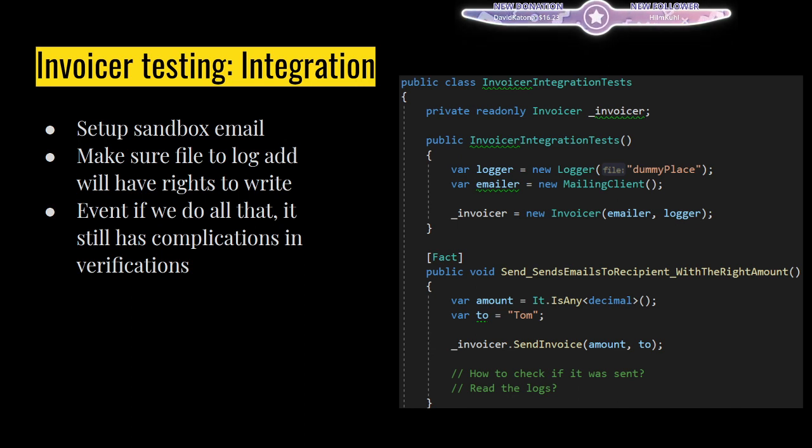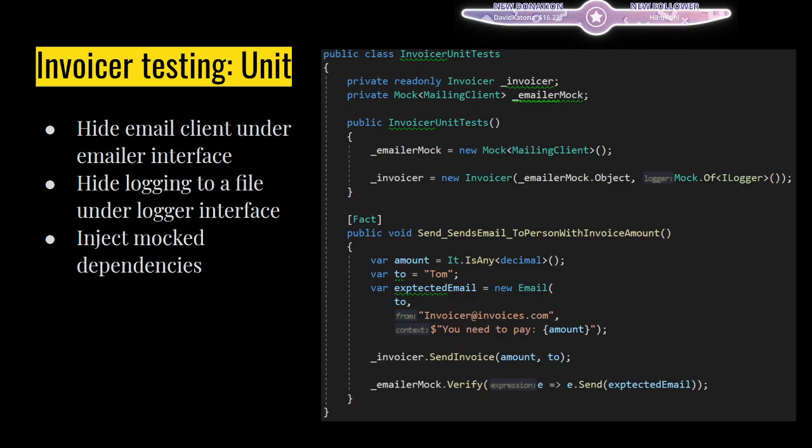And in this case, it's the email. You need to somehow read the emails of the person you sent to in order to see if the right email was sent to them. And that makes it so much more complex than a unit test.